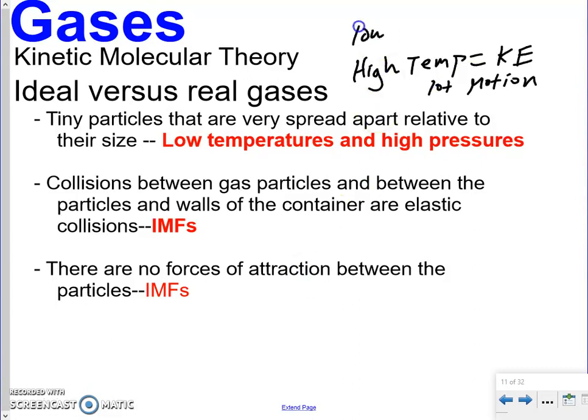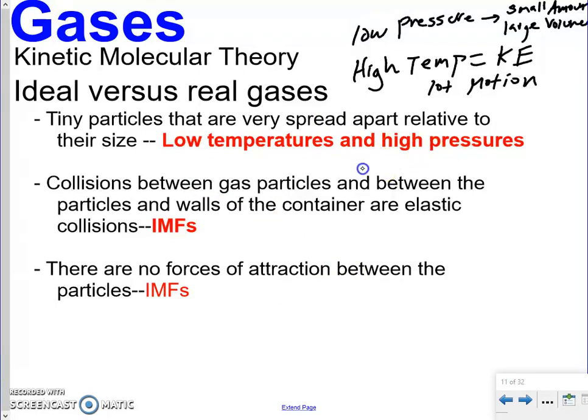Also at low pressures, think about what low pressures mean. Low pressures mean that there's not a lot of collisions. Well, why would there not be a lot of collisions? Either because there is a small amount of gas particles, or there's a large volume, which allows the gas molecules to spread out really, really far.